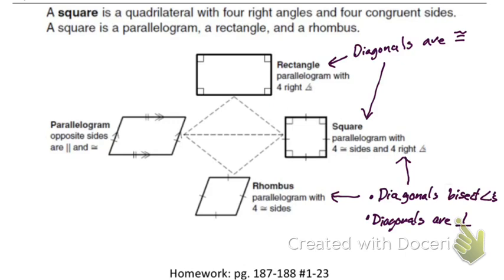Is the only difference between a rhombus and a parallelogram that a rhombus has 4 congruent sides? Which leads us to all the diagonal rules. Well, hang on.